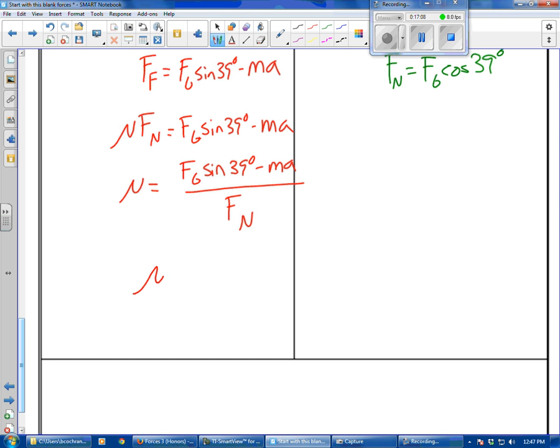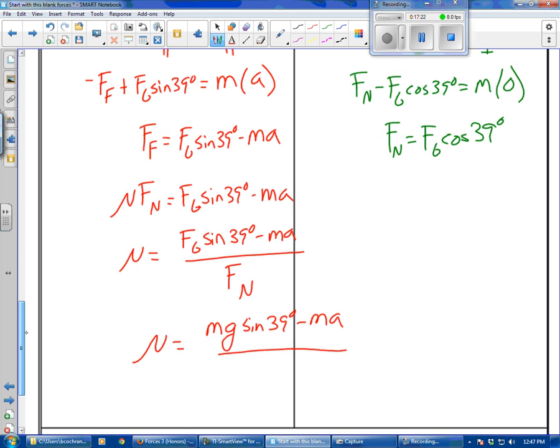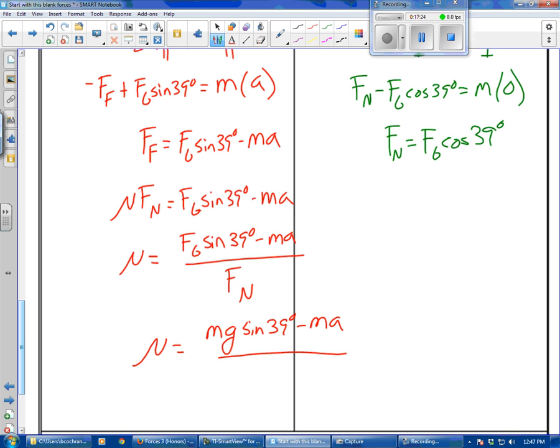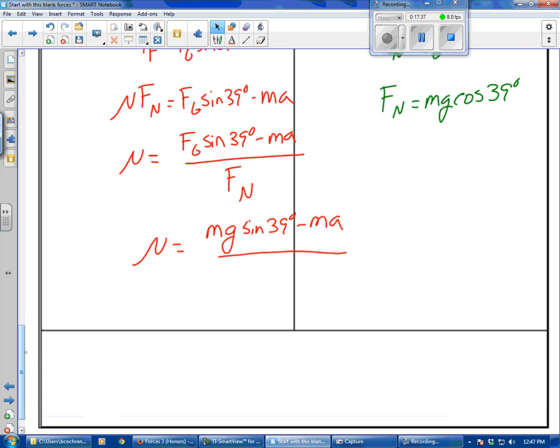Now we just substitute in mg sine 39 degrees minus ma, all over, this one I could have written, right? mg cosine 39 degrees.